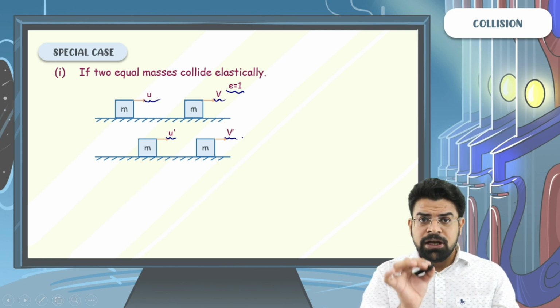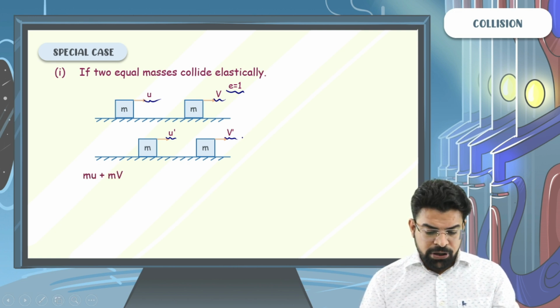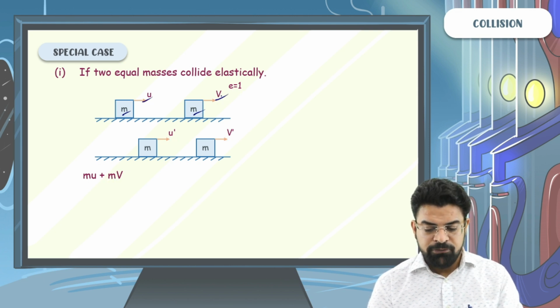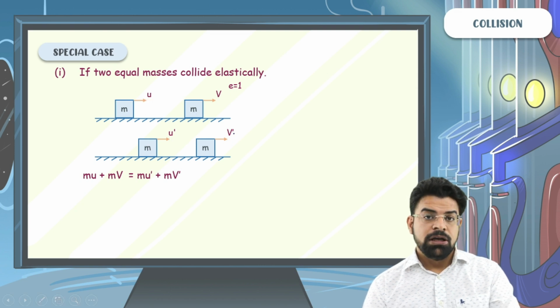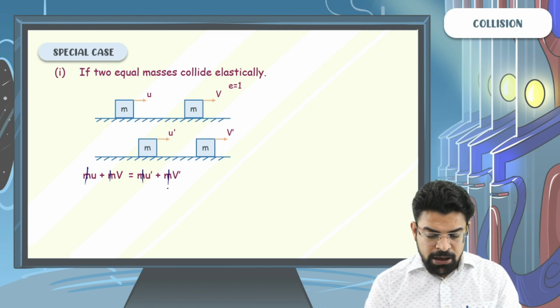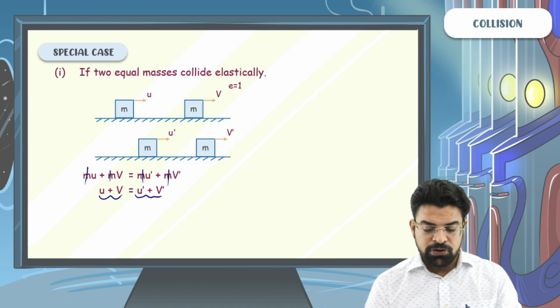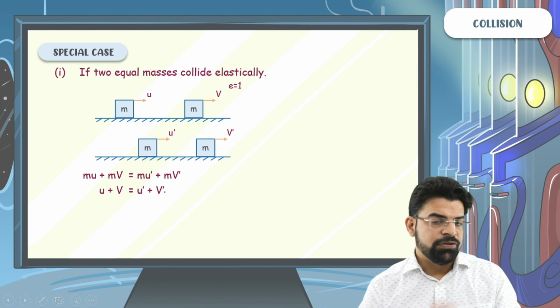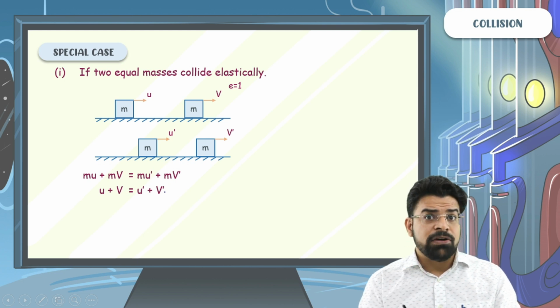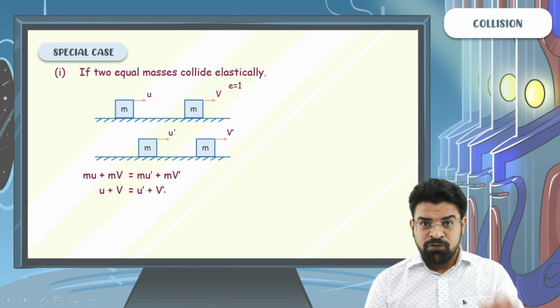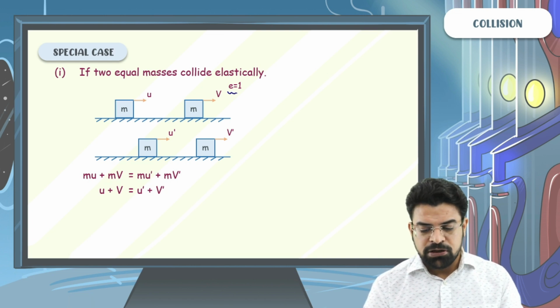From the equation of momentum conservation, we can write mu plus mv equals mu dash plus mv dash. Cancelling out m in each term, we get u plus v equals u dash plus v dash. This is the first equation. We can make one more equation, the equation of coefficient of restitution. For this particular collision, we know that coefficient of restitution is 1.